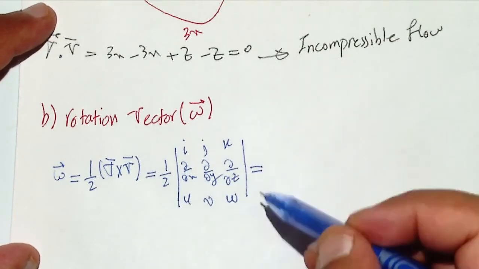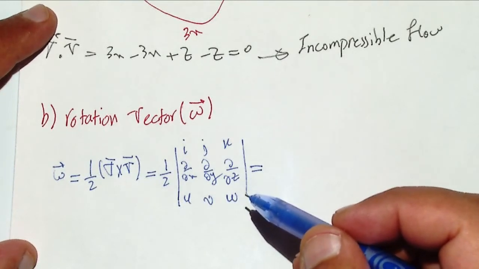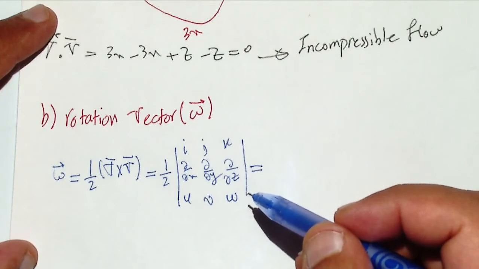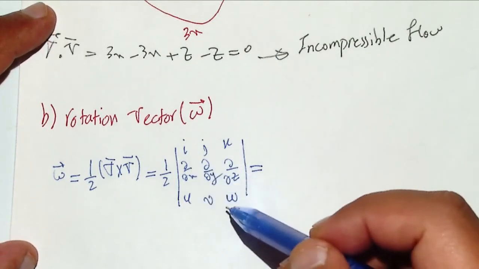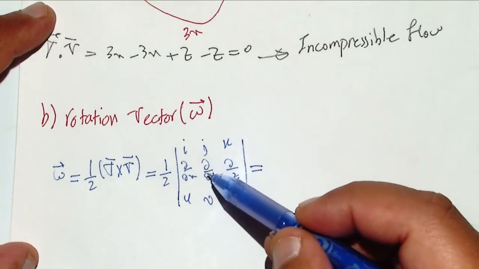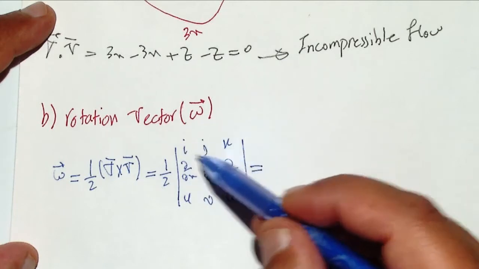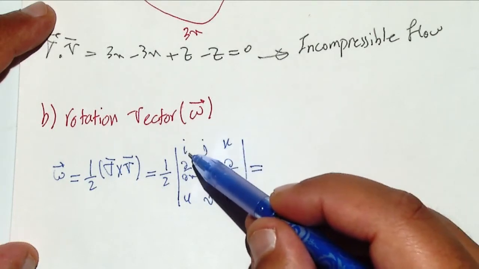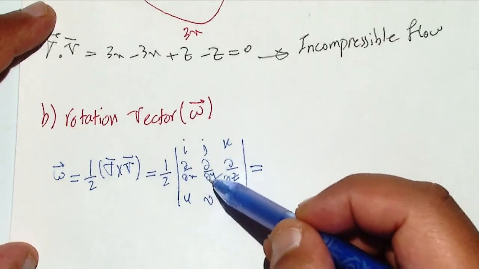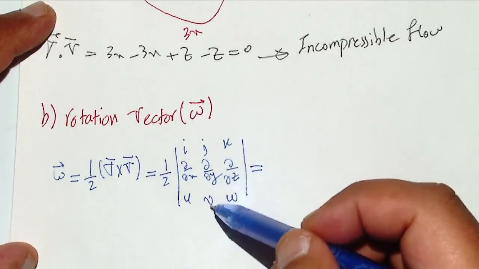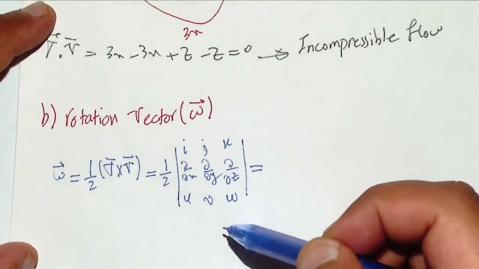You can write this to remember it if you can get the determinant of a 3x3 matrix. If you don't know how, there's a rule for it: take i times, and get rid of this row and column, and then it's going to be partial w over partial y minus partial v over partial z. This is going to be your first component.